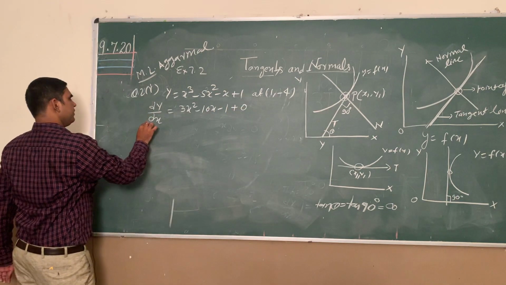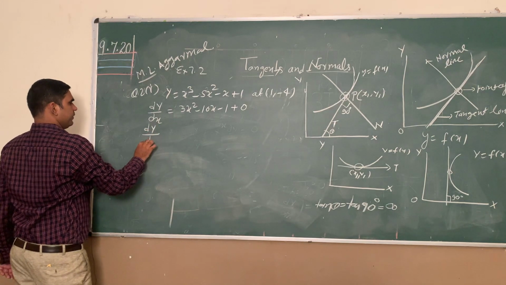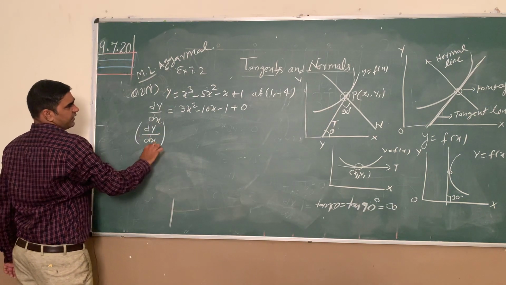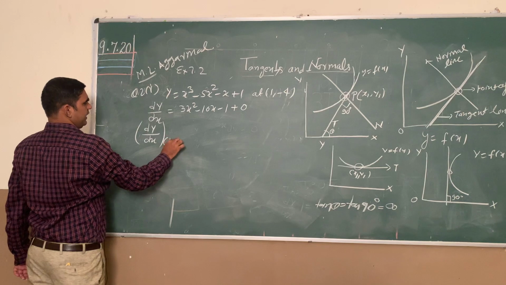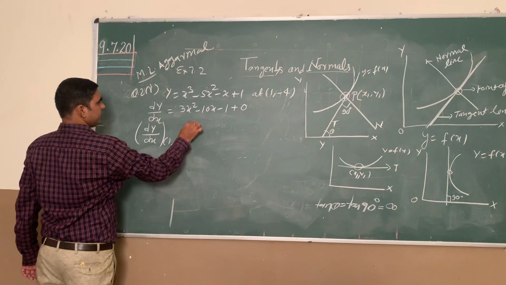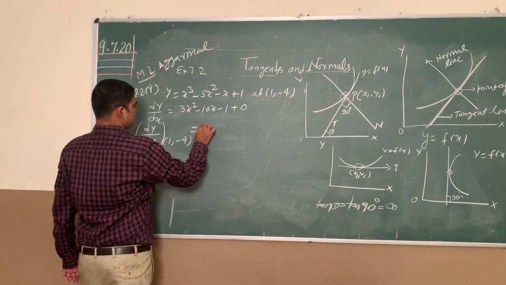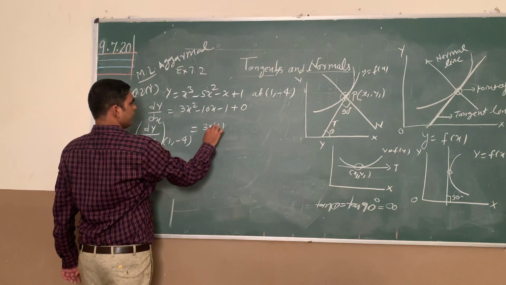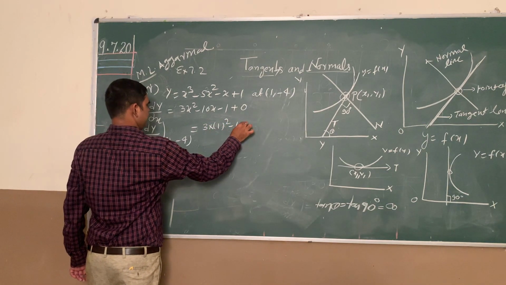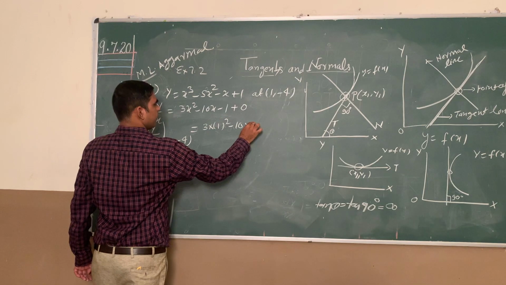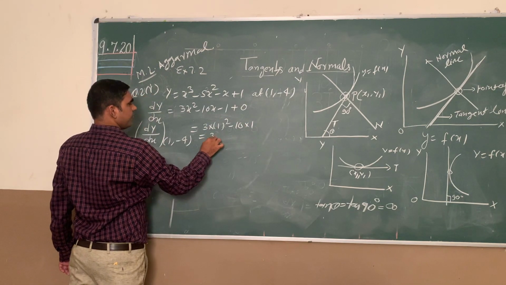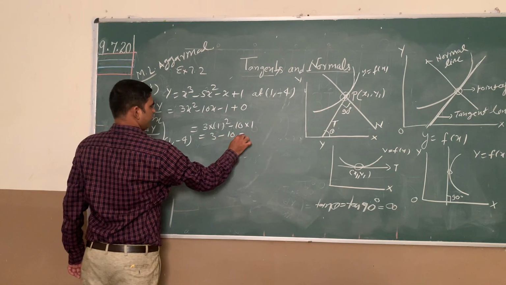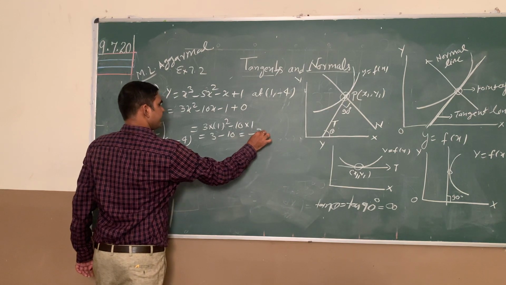Now put x equal to 1 and y equal to minus 4. So 3 into 1 square minus 10 into 1, minus 1, that will be equal to minus 7.